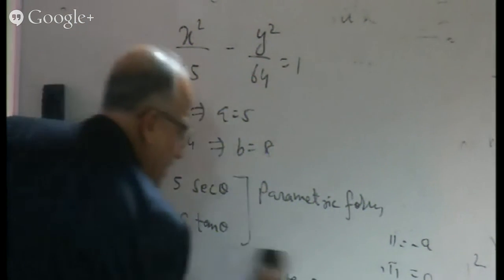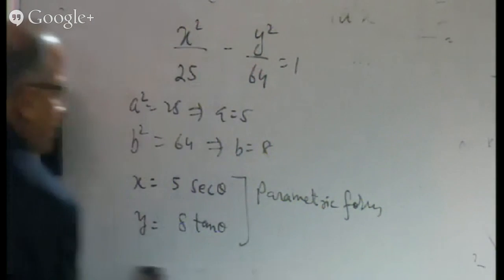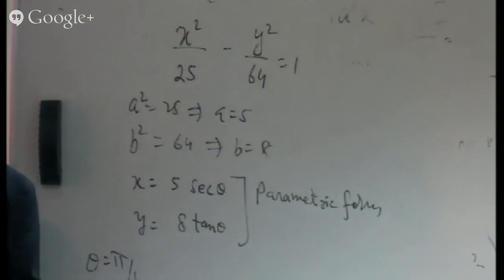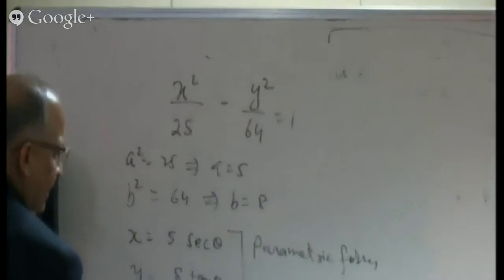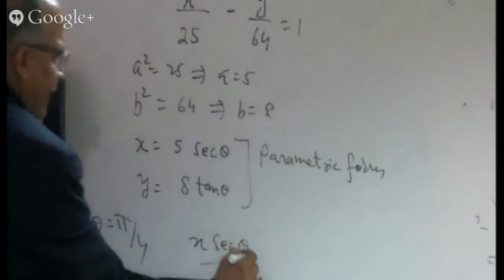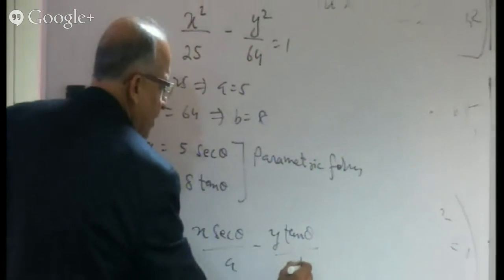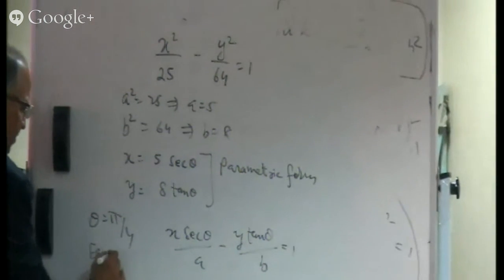What we want is the equation of the tangent for theta equal to pi by 4. I can directly use this equation: x secant theta upon a minus y tan theta upon b equal to 1. This is the equation of tangent.